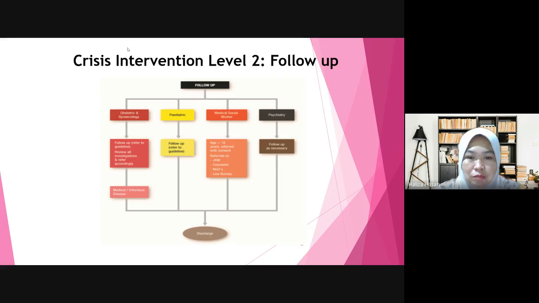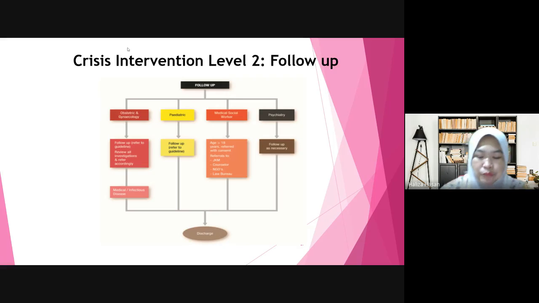You can get access to the guidelines from the KKM website. And for the medical social worker, for example, abuse or abandonment, for age 18, refer with consent. Then they refer to JKM for a counselor or NGO.